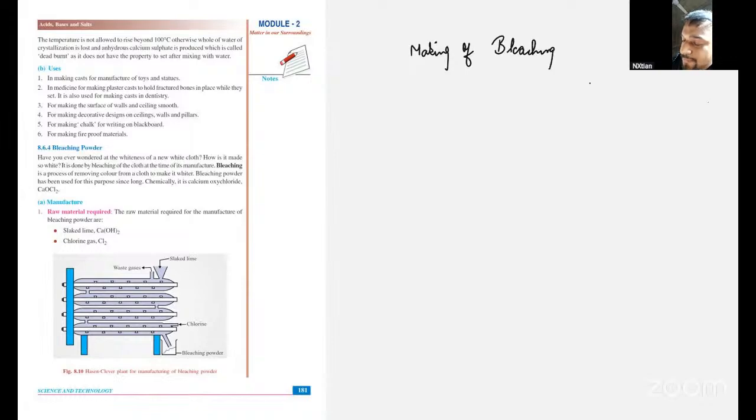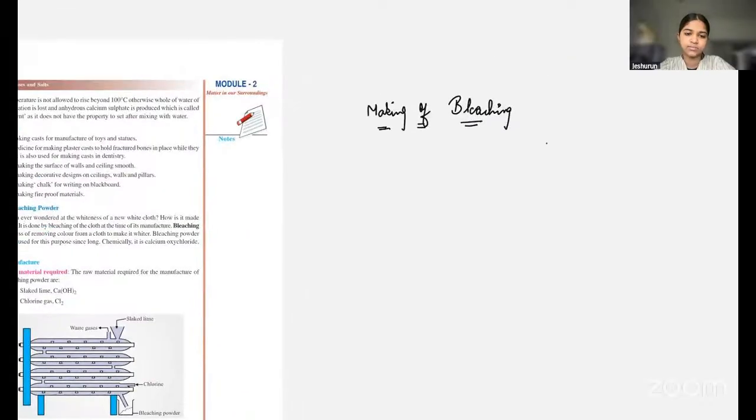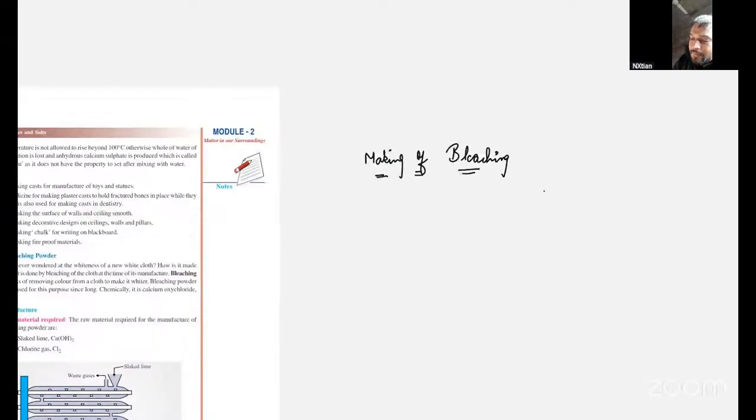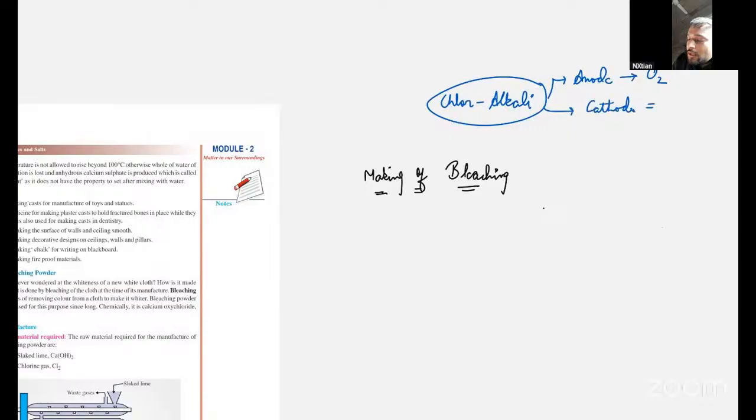Just for a revision, on the anode, which is a positive terminal, what did we get? Chlorine gas. Correct. In the chlor-alkali process, at the anode we got chlorine gas, and at the cathode we got H2 gas.